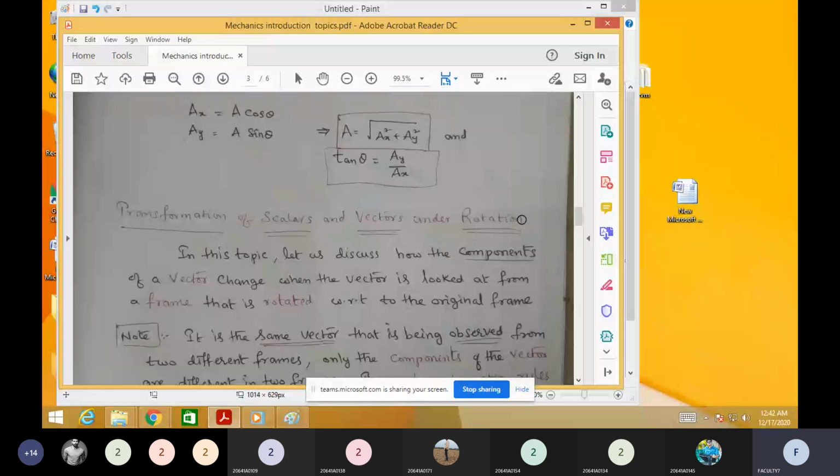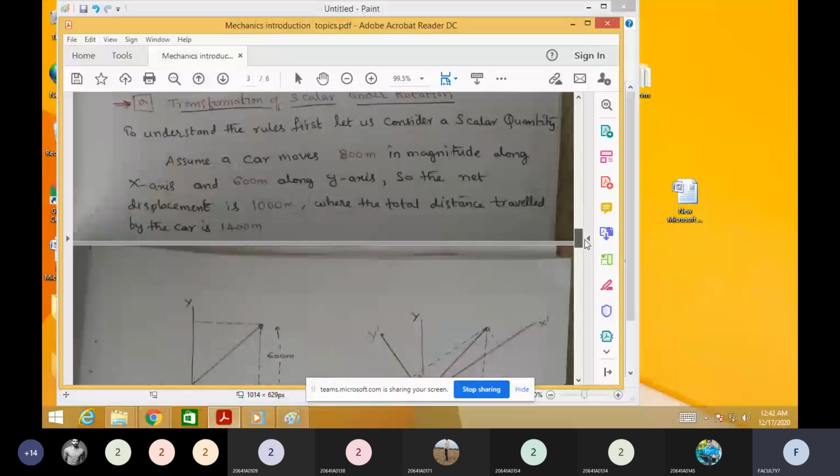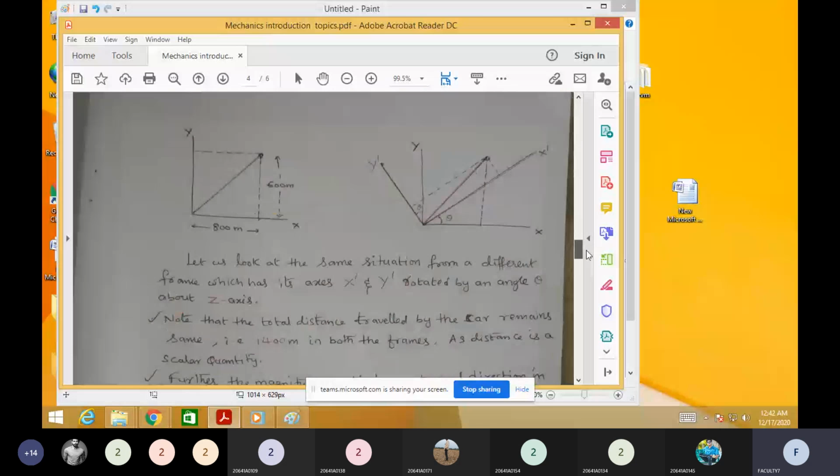Now here, if you go with the scalars explanation, the transformation of scalars, you can refer to these two diagrams. Here is what we had explained previously. This is the XY frame, and here we have the X dash Y dash frame. Under this, the explanation is that the scalar quantity remains the same.